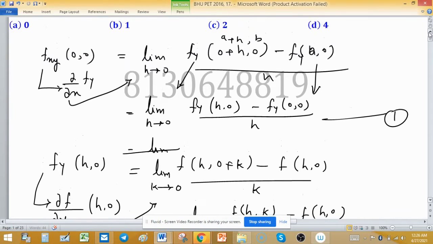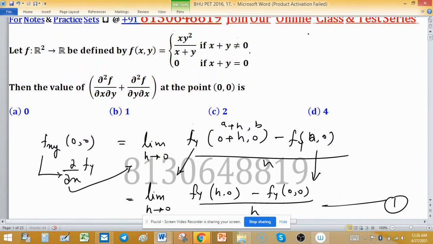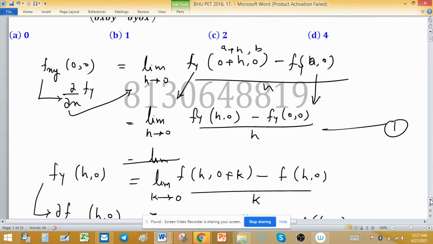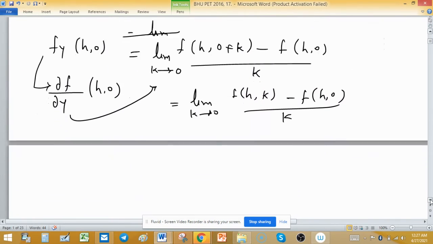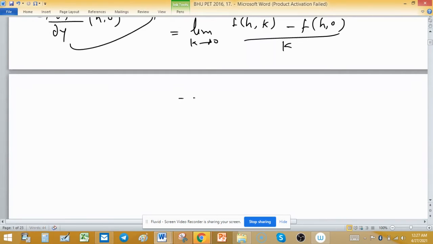These are not equal to 0, exactly not. So the value of this one will be x y square divided by x plus y, meaning the first defining process will give the value of this one. So put limit k tends to 0 and f of h comma k will be hk square divided by h plus k, minus f of h comma 0 will be 0.